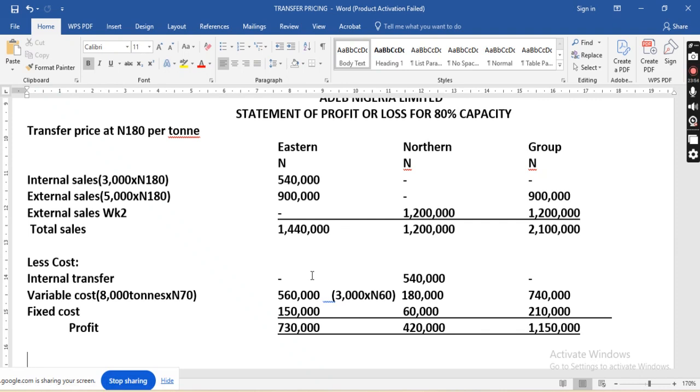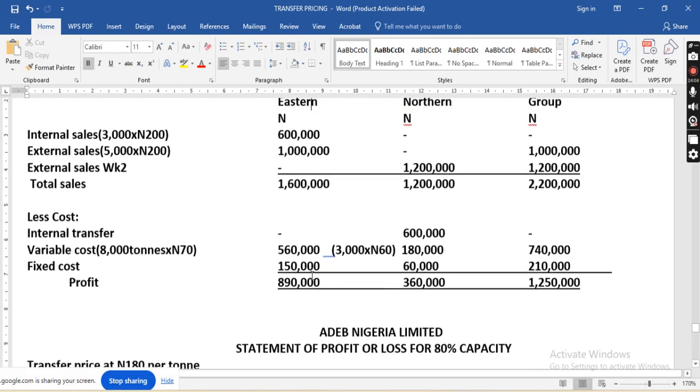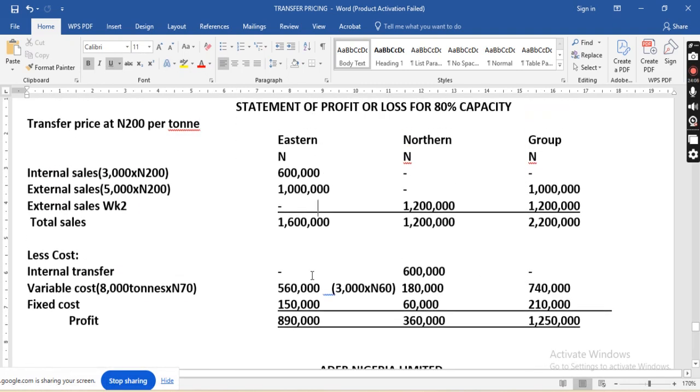Ideally, the 200 and 180 should not actually be used, because they are based on market price. Why can't you use the variable costs? In order to motivate the divisional manager, we could say that if they transfer at 200, they will have this, but then you are not motivating the divisional manager, right?